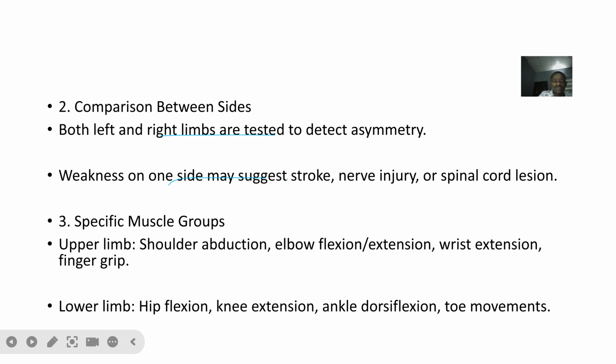Sometimes you test for specific muscle groups: the muscles that abduct the shoulder, the muscles that flex and extend the shoulder, wrist extension. We are looking at all of that. For the lower limb, we are looking at flexion, extension, ankle dorsiflexion, toe movement.